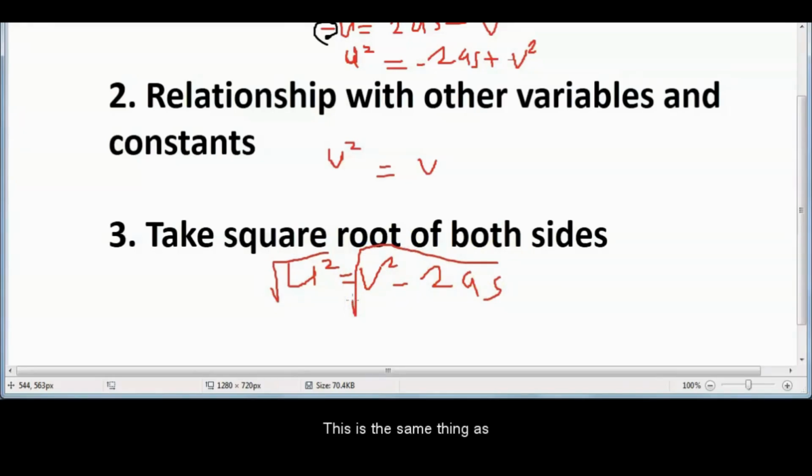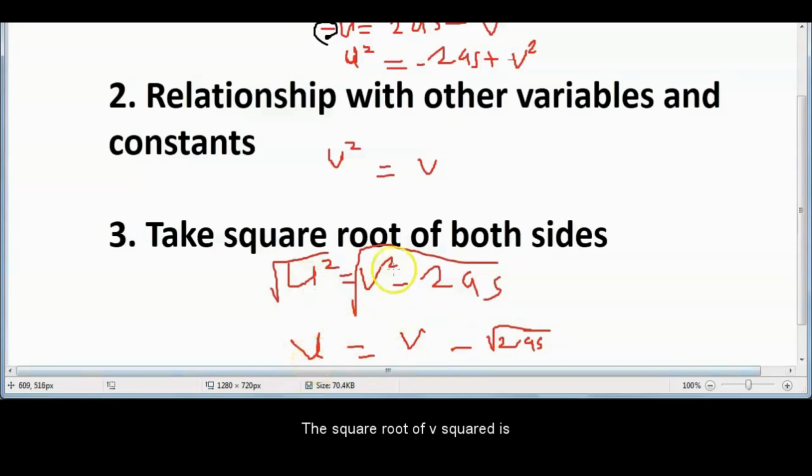So this is the same thing as u is equals to the square root of v square minus 2as. The square root of u square is u.